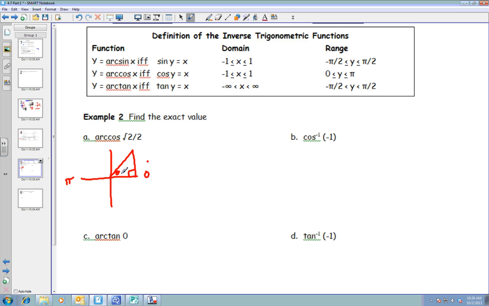Okay, now I know that cosine is x over r, or adjacent over hypotenuse. So my adjacent side is square root of 2. My hypotenuse is 2. When I use Pythagorean Theorem on this one, I get square root of 2 for my other side. So we have to figure out what kind of triangle we have.